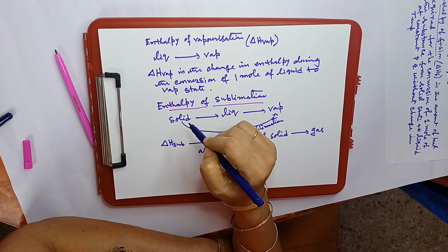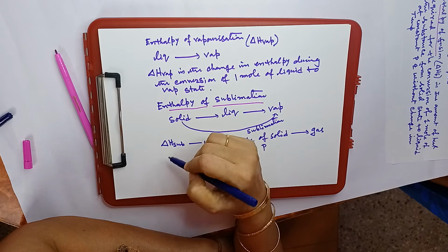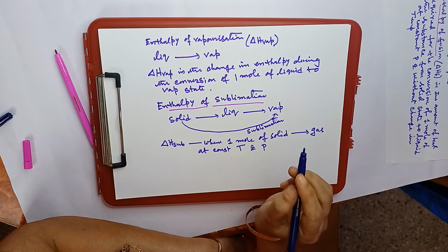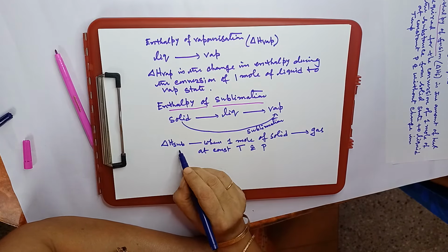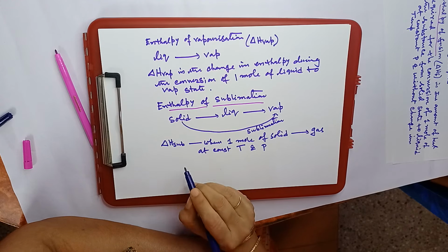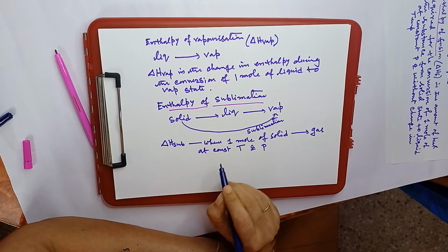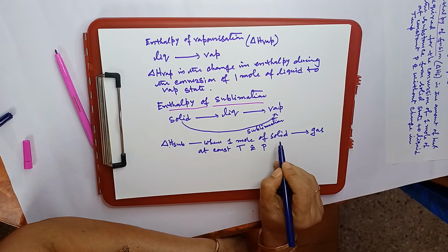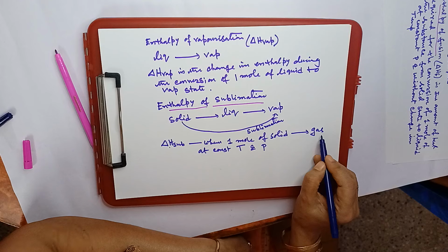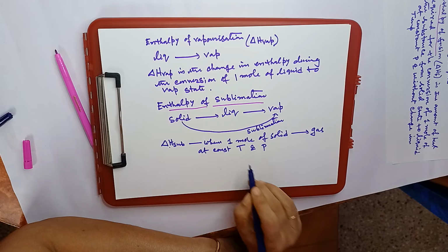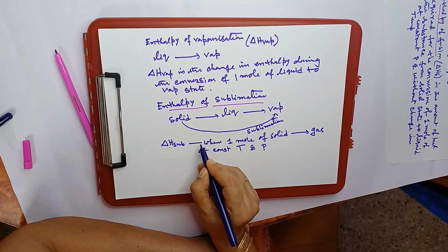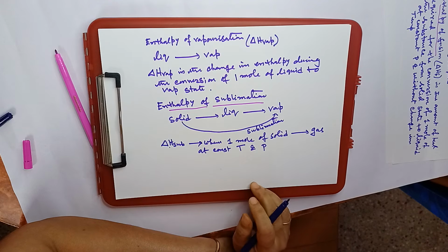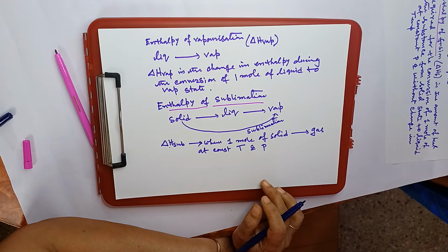So, it has to break the intermolecular forces so that molecules will go far apart. Similarly, enthalpy of sublimation means change in enthalpy when 1 mole of the solid is converted to gas at constant temperature and pressure. This is the enthalpy of sublimation.